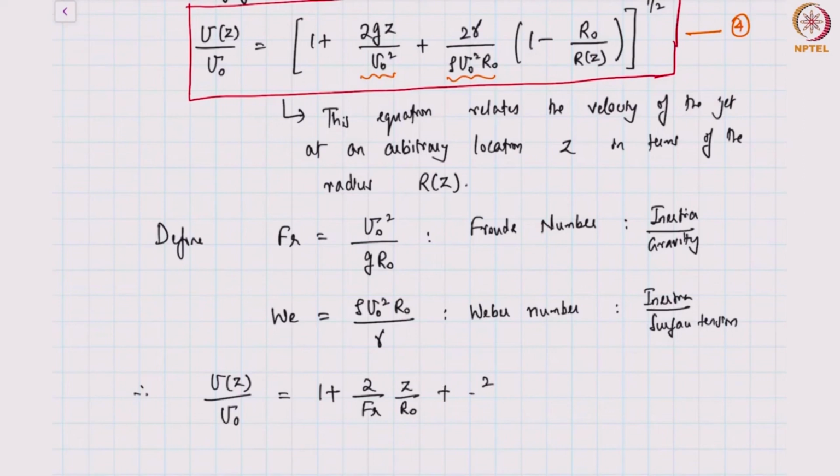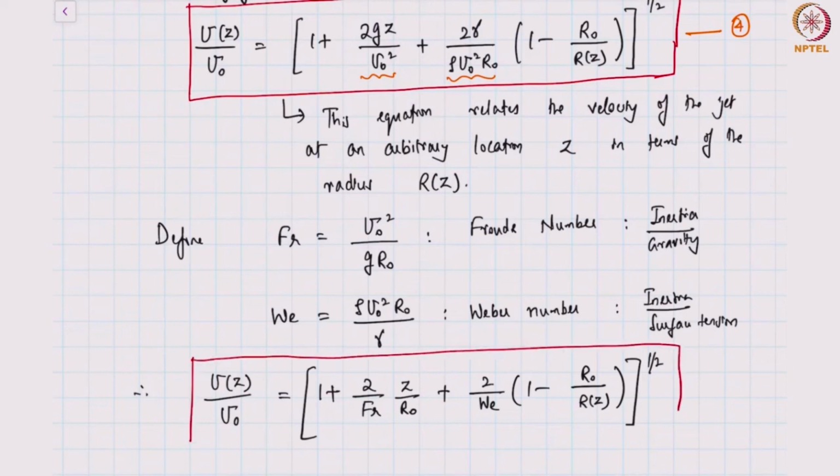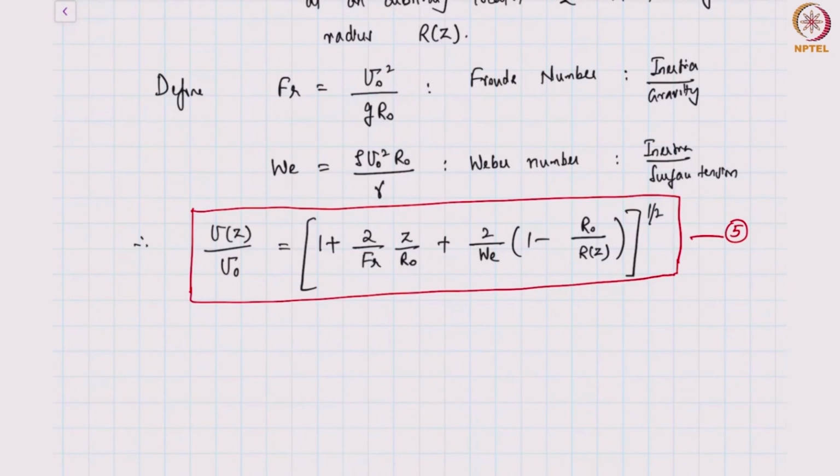The other number is 2 by Weber number times 1 minus R naught by R of z, whole power half. Okay. We'll call this relationship number 5.